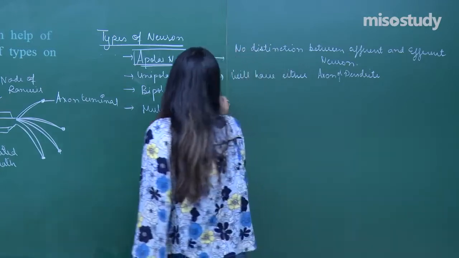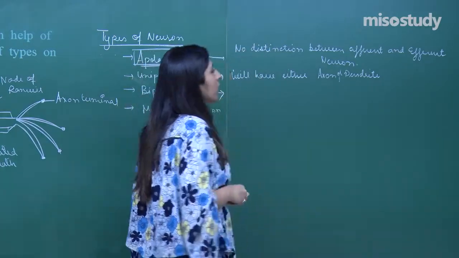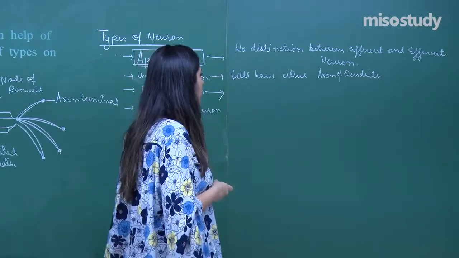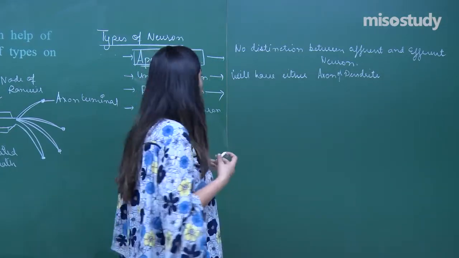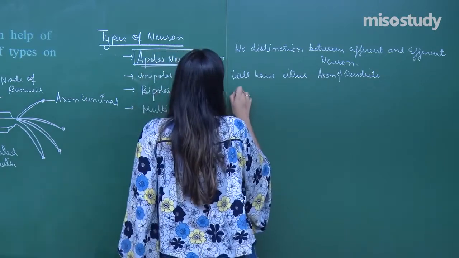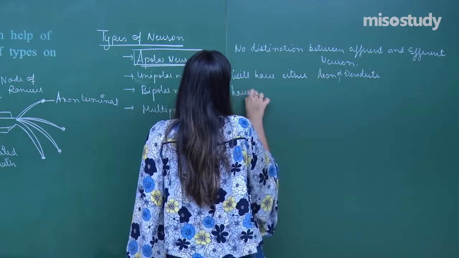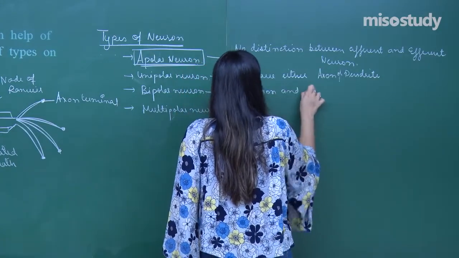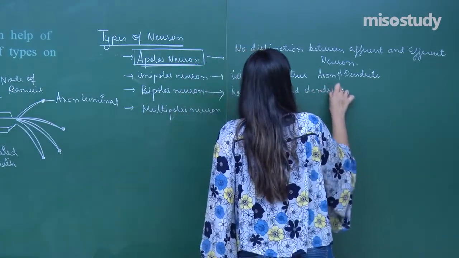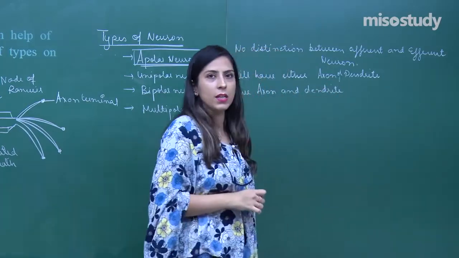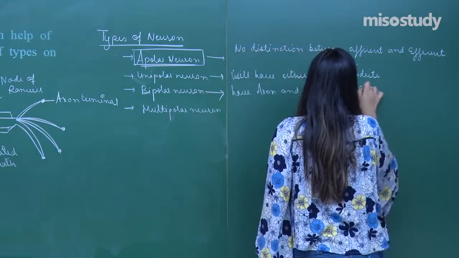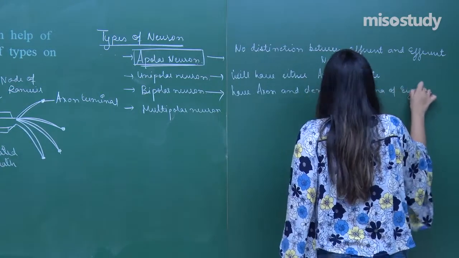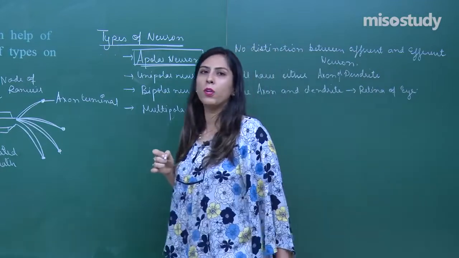To talk about the bipolar neuron, it is the neuron which is present in the retina of our eye. They are also present in the olfactory nodes. They have both axon and dendrite. Next is the multipolar neuron.